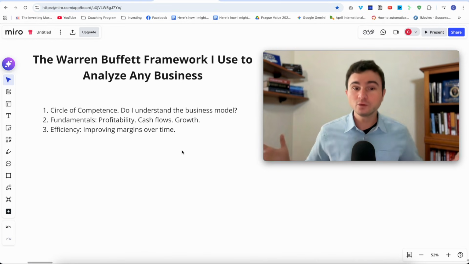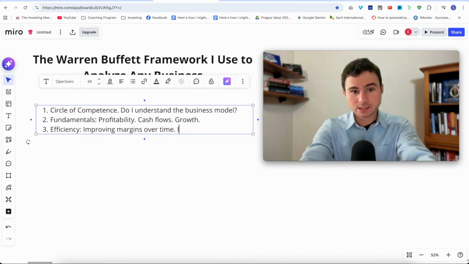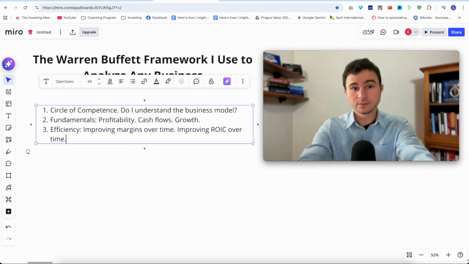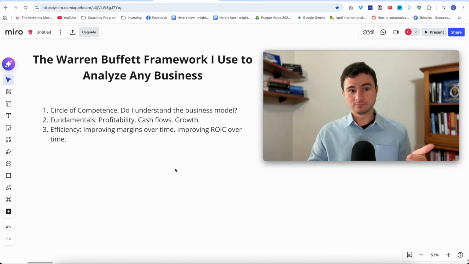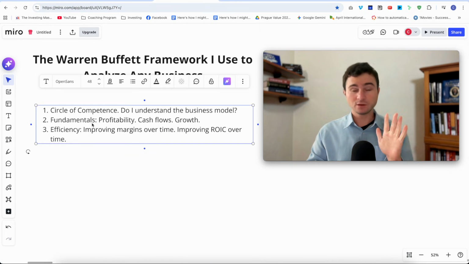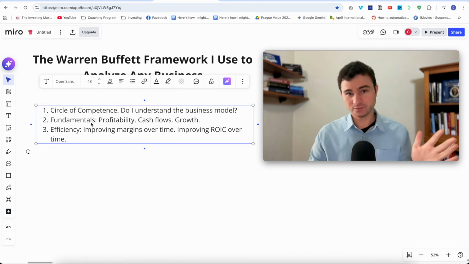So you want improving margins. And I can also mention another metric, improving return on invested capital, ROIC, over time. Okay? So better margins, better ROIC. Now, just based on these 3 points, you will dismiss 90% of the companies.